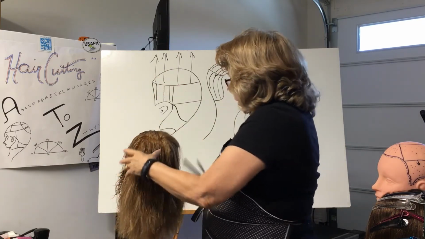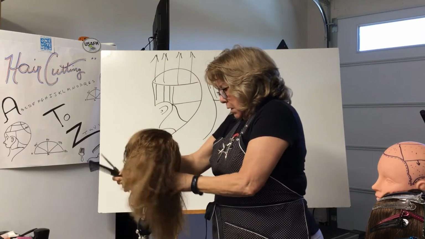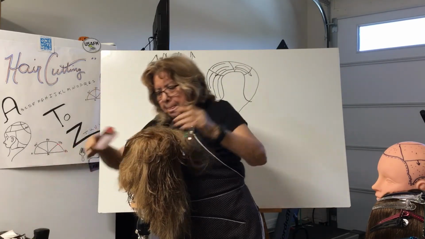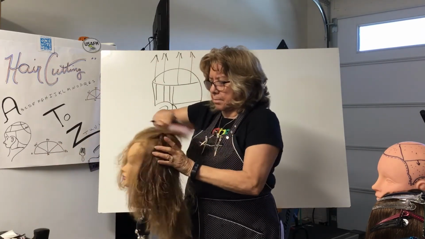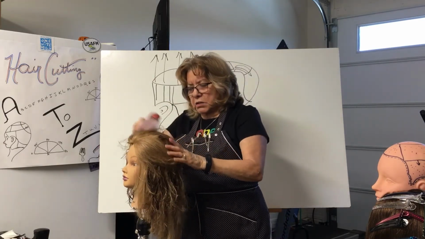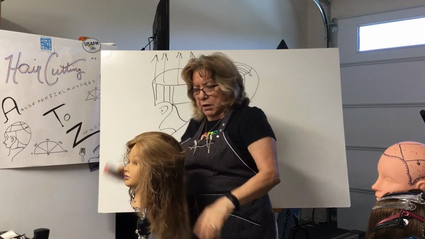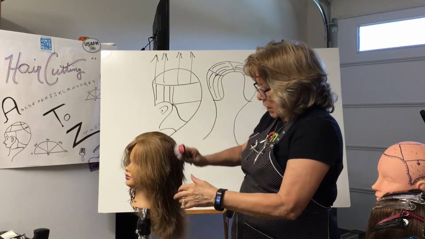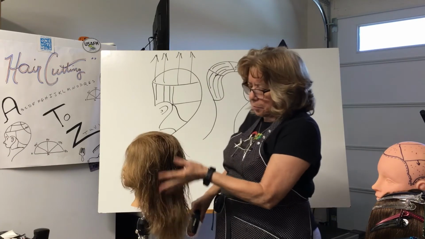Okay, now we're going to take care of the nape. I'm going to go ahead and part it down the center. I'll be doing this cut again. We'll be doing it side to side on one of the other mannequins, so you can see the difference. And I'll be showing this mannequin so you can see how everything pops up.